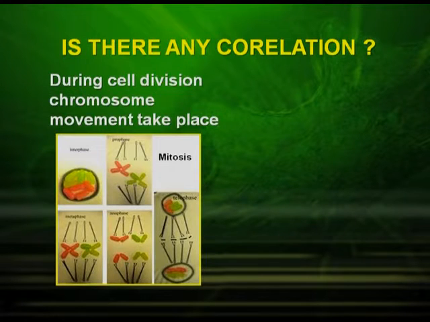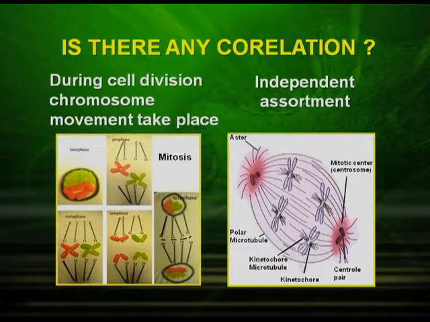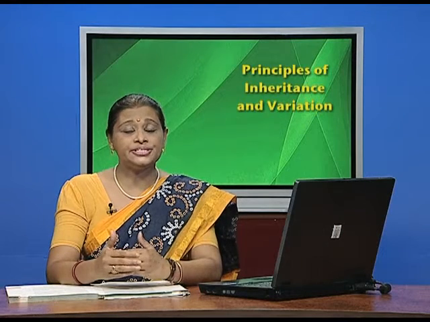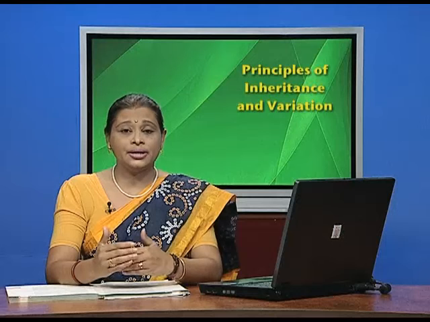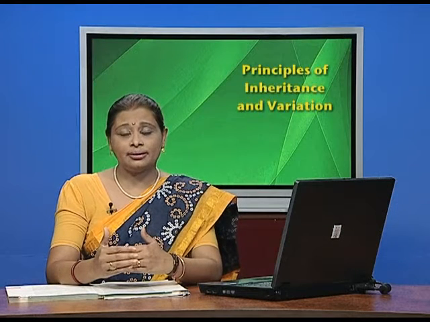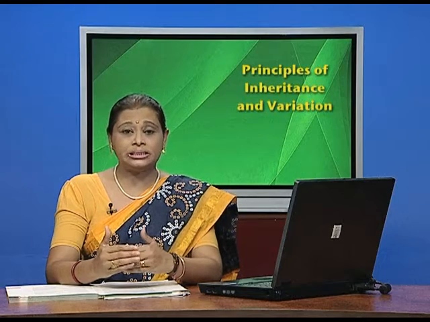If you recall independent assortment in Mendelian inheritance, the Mendelian factors could assort independently. This could be correlated with the movement of the chromosomes during meiosis, at the metaphase and the anaphase stages.